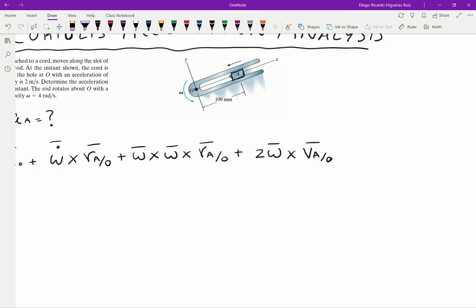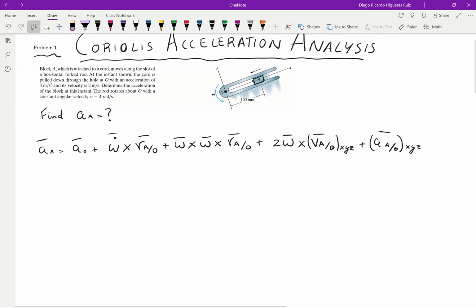Actually, let me rewrite this: this is gonna be respect to the coordinate system x, y, and z, and also the acceleration of point A respect O of that reference coordinate system x, y, and z. All right, also a vector right there. Okay, so this is our equation now.